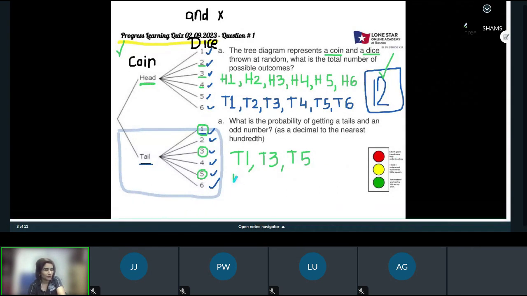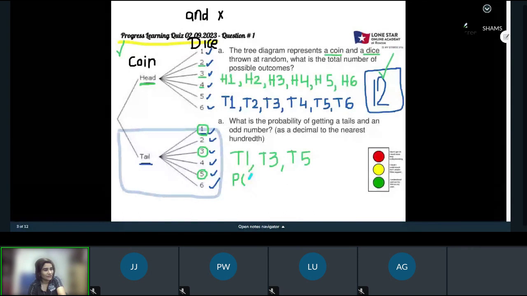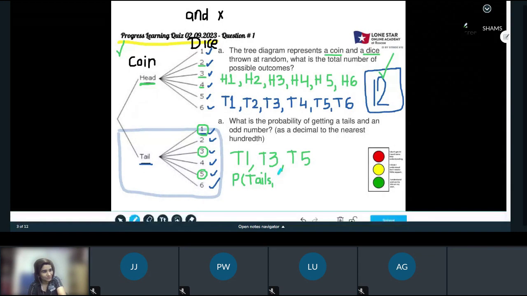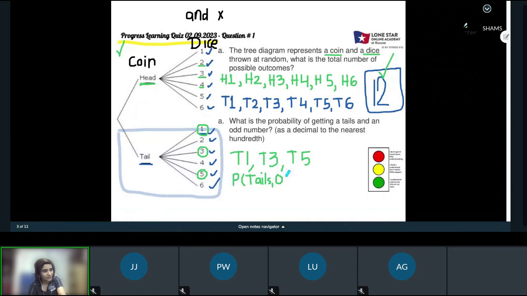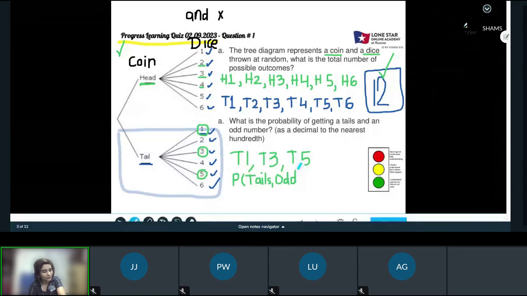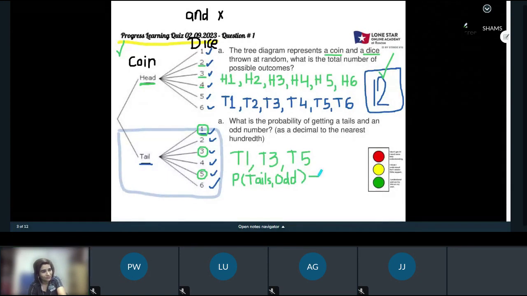So for the probability of landing on tails and getting an odd number, I write odd. So you are very clear about what Miss Syed is doing. An odd will be 3, right? Out of 12 total outcomes. 3 out of 12.